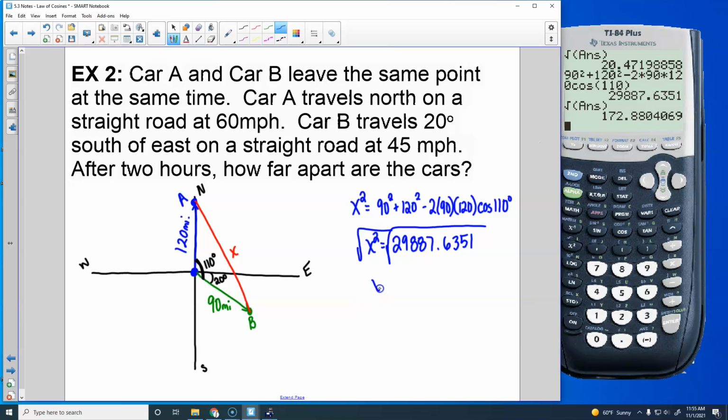And 172.88 miles. Since I labeled it X in my picture, I just called it X, but if you call it C, that's fine also. So you can use whatever variables you want to use there.